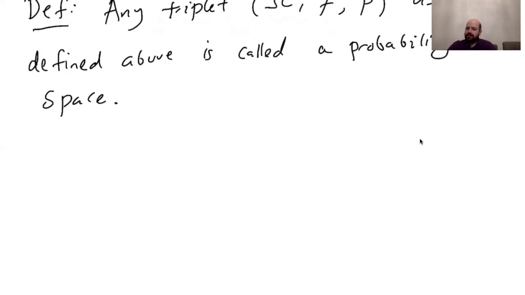Now let's look at a simple example. First, again, remember the process. We started with a random experiment. Then we defined omega, called the sample space, the set of all possible outcomes, curly F, the set of all events under consideration, and the function small p, the probability measure.